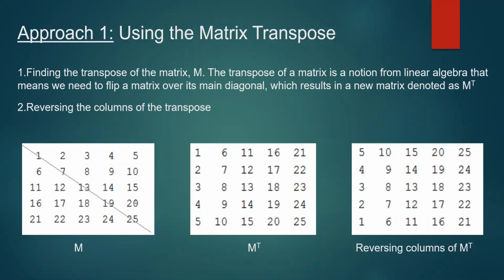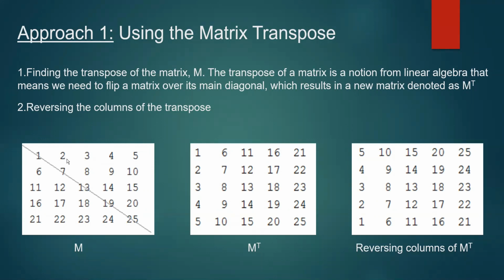This is the original matrix M, and we can see a line drawn on the main diagonal. Flipping the matrix over its main diagonal means swapping the elements of the matrix at ij. Say, i denotes row and j denotes column, then we will swap the element ij with ji, meaning the ith row jth column will be swapped with the jth row ith column.